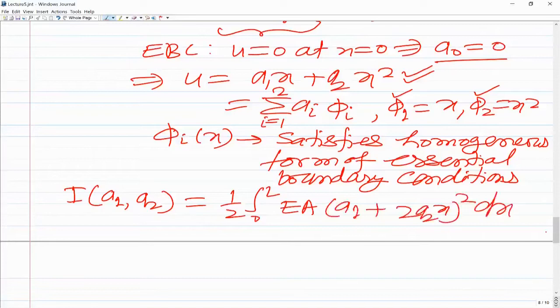That's the first term, minus the integral from 0 to L of u into q, where u is a1x plus a2x square, times q dx.